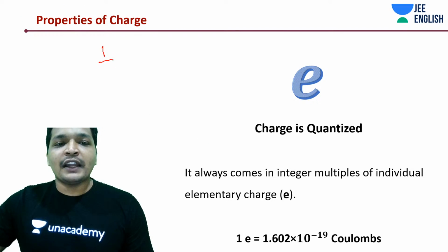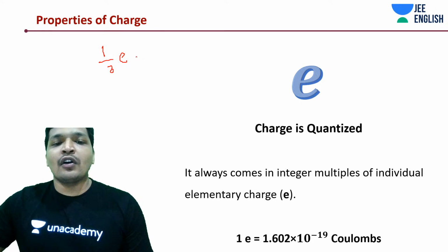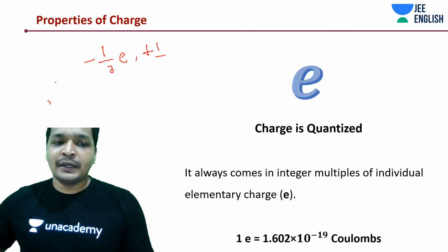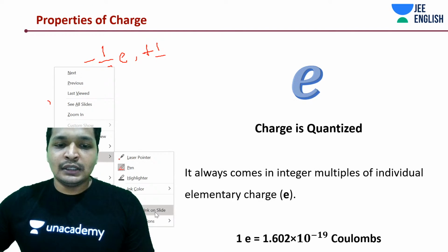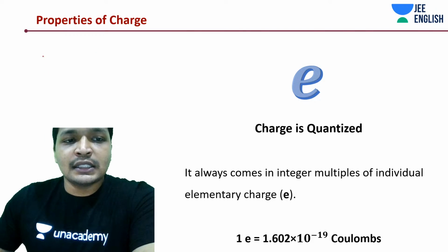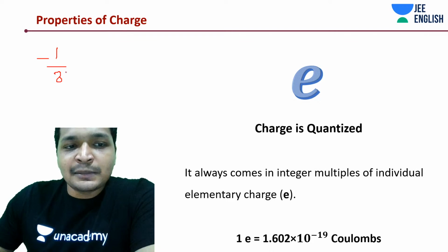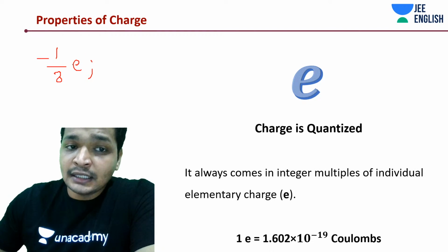I can't say 1/3 of an electron has been transferred or 1/3 of an electron has been lost. Okay, so let me give you a little bit more clarity. Let's say I'm going to say 1/3 electron has been gained by the system. This is something that I can't say.